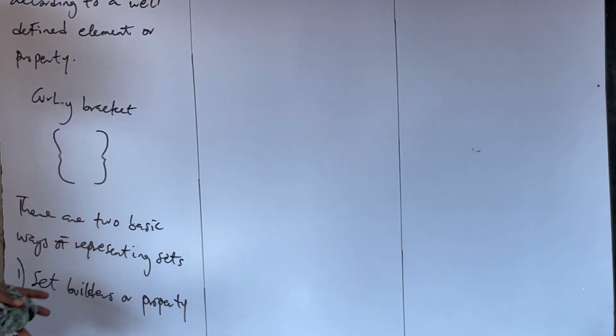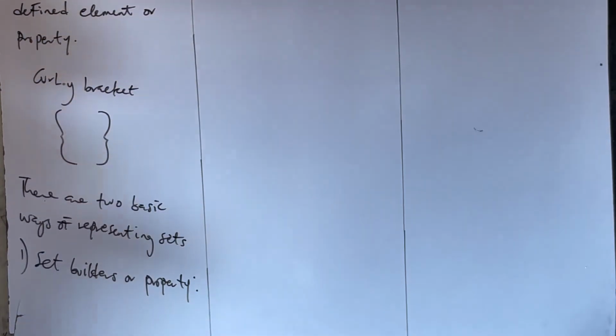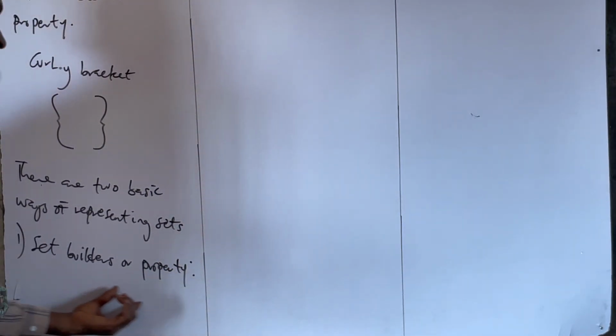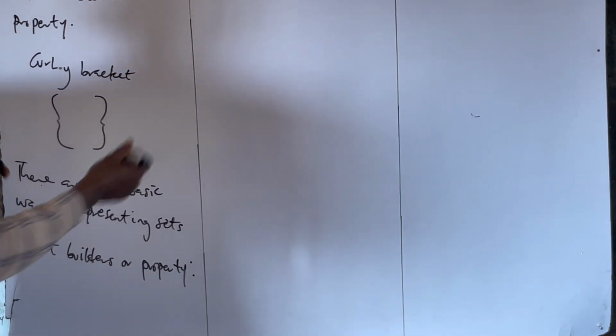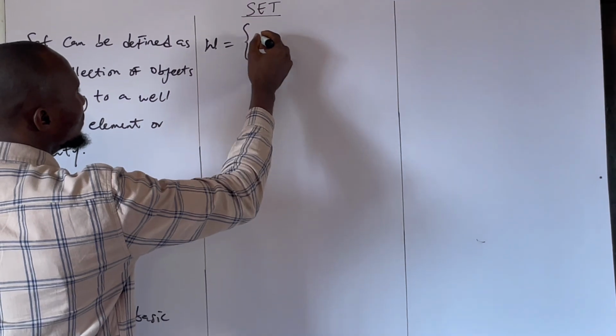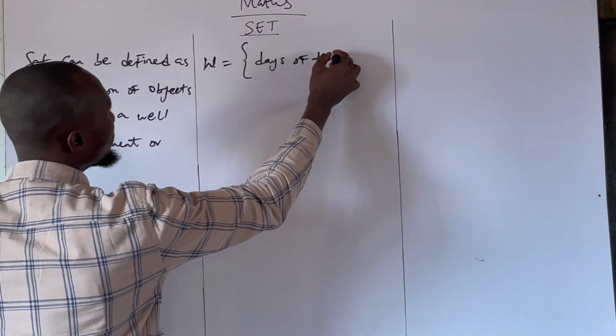Now, this describes the set according to their properties. How do we do that? For instance, when you have W, days of the week.